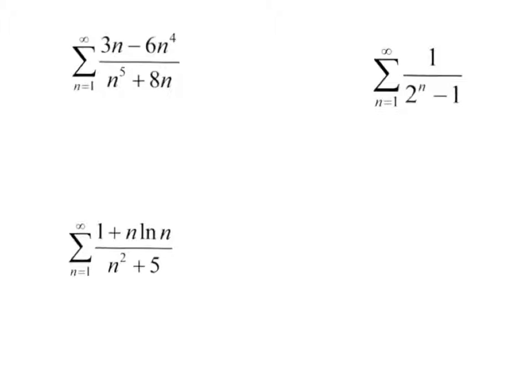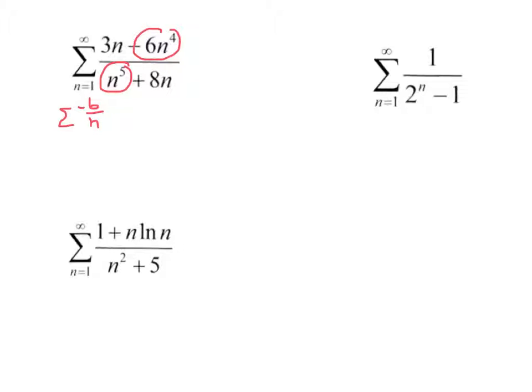Now this first example I'm going to show you is a little bit different in that as you look at the terms, those high powers to set up your end behavior series, it comes out negative.